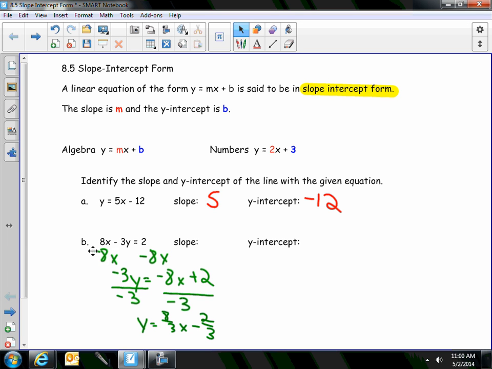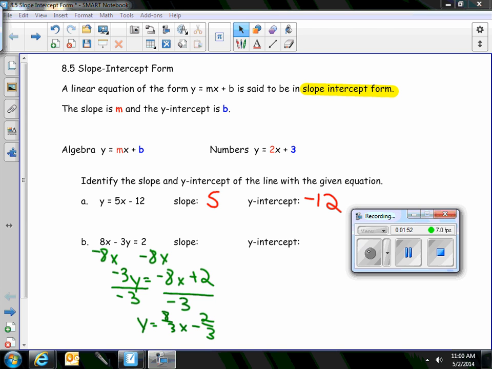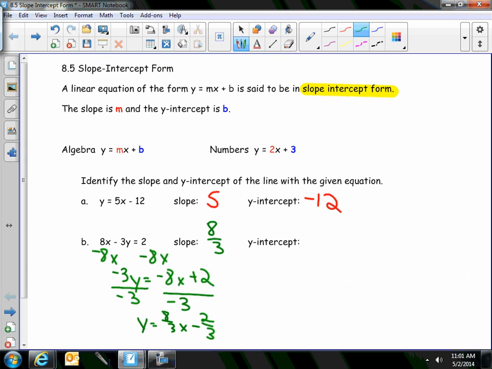Now we changed this to a slope-intercept form. Our slope will now be positive 8/3. Our y-intercept would be negative 2/3.